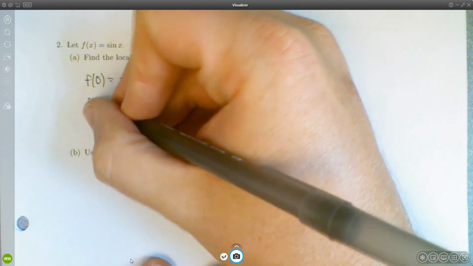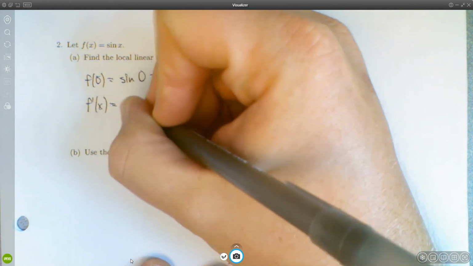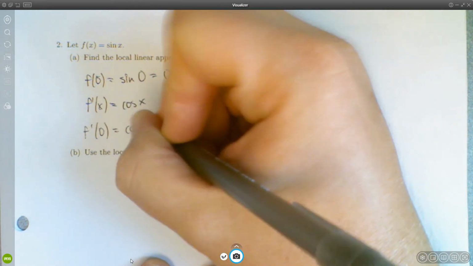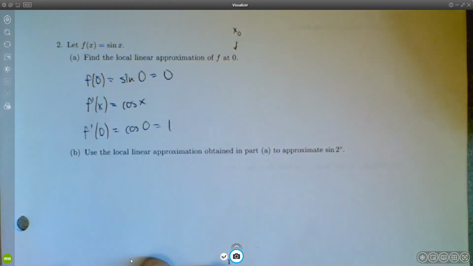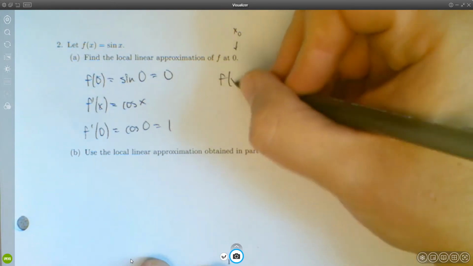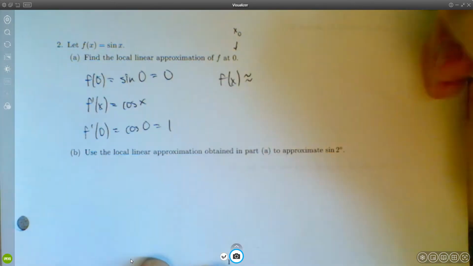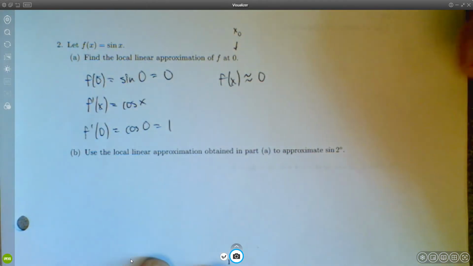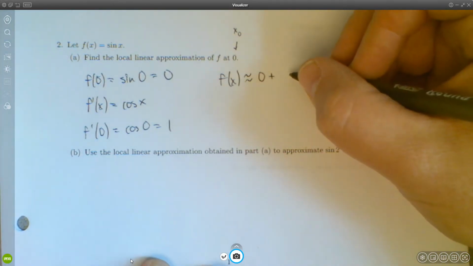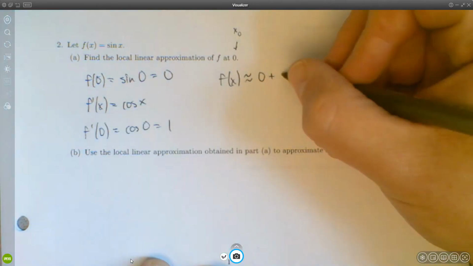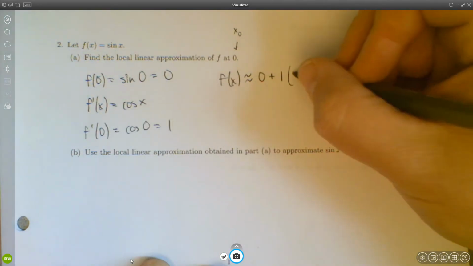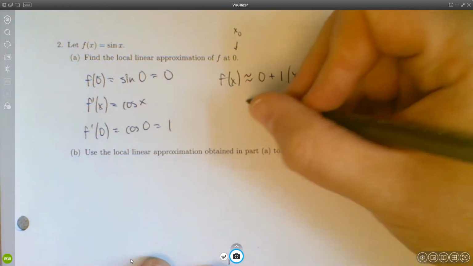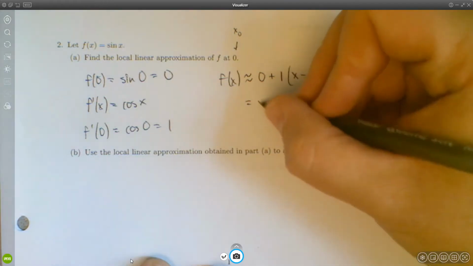Second, f prime of x is cosine x, so f prime of 0 is cosine 0, which is 1. Now plugging all that in, the local linear approximation of f of x is f of x naught plus f prime of x naught times x minus x naught. So in other words, that would just be x.